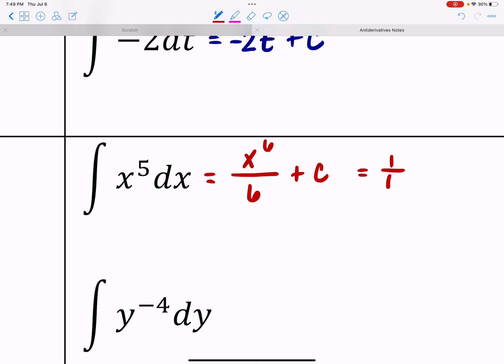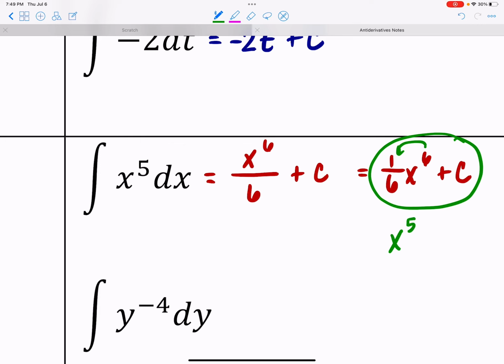I'm just going to call it 1/6 x to the 6th plus c, but either one of those answers would be fine. And again, if you're not sure if you did it right, think about taking the derivative here. If you took the derivative, you would get 6 times 1/6 is 1, x to the 6 minus 1 would be 5, and the constant would go away, and that's exactly what we have here. Okay, so you can always take the derivative if you're not sure if you did it right.